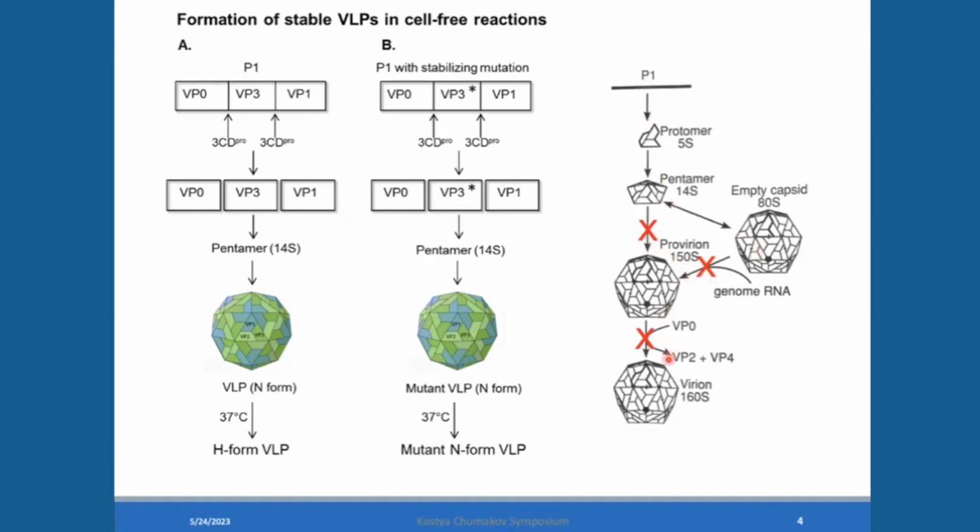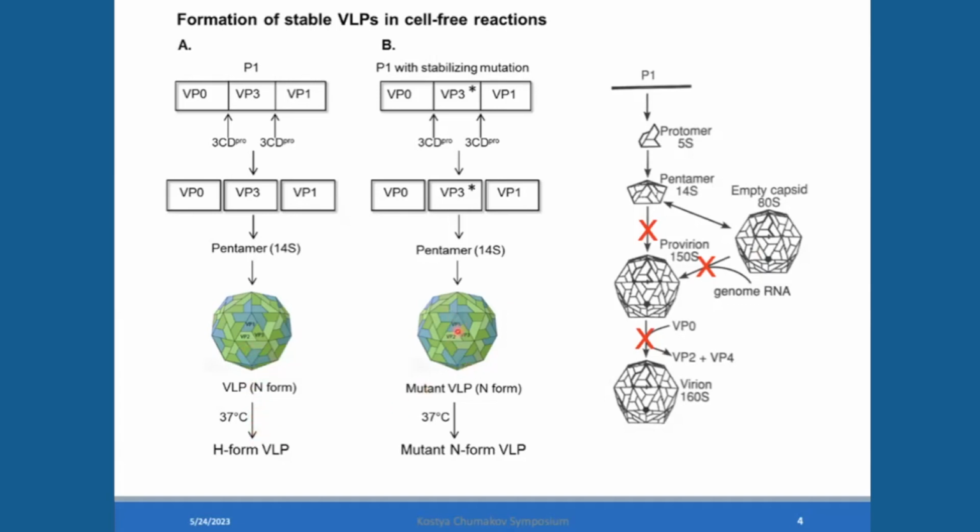And these other steps would not occur because we're not making any new RNA, so we don't have any genome replication. So you don't go through forming the provirion or the virions in this case. The problem here is this empty capsid is not stable at 37 degrees or above, and so it falls apart very rapidly, and you lose all of the antigenic potential there.